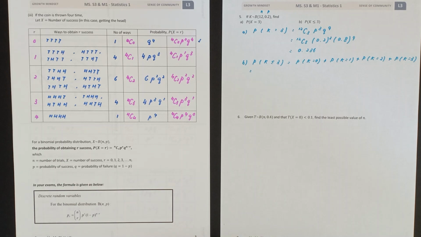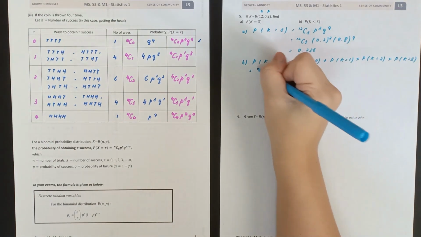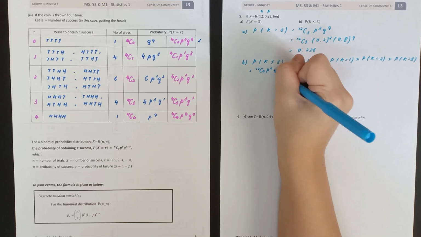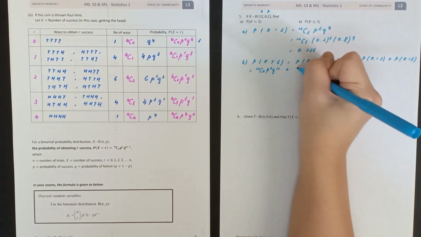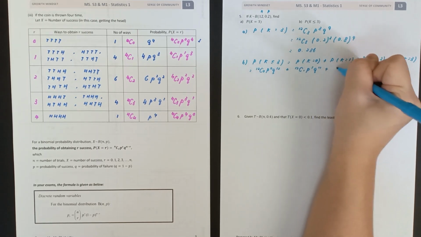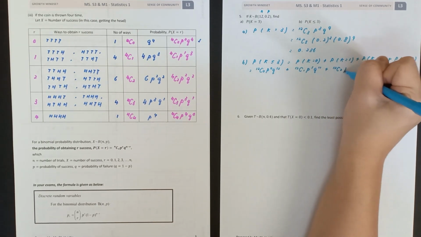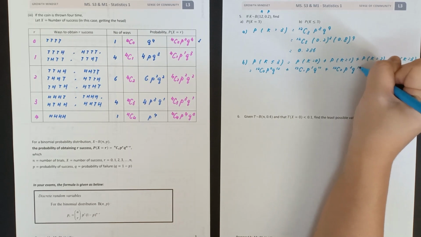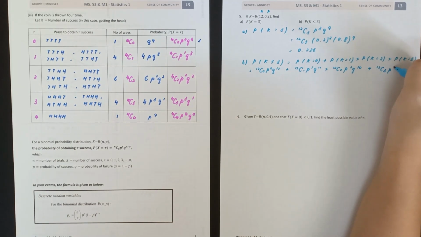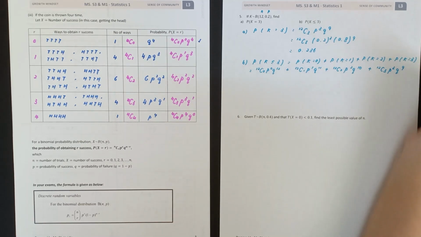So the probability for k equals 0, meaning out of the 12, 12C0 p^0 q^12, plus 12C1 p^1 q^11, plus 12C2 p^2 q^10, plus 12C3 p^3 q^9.